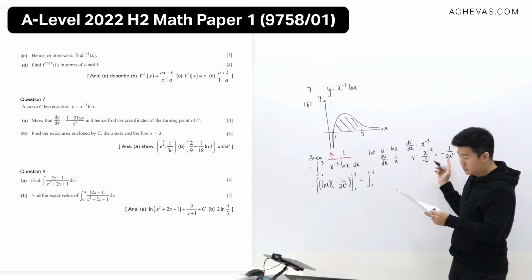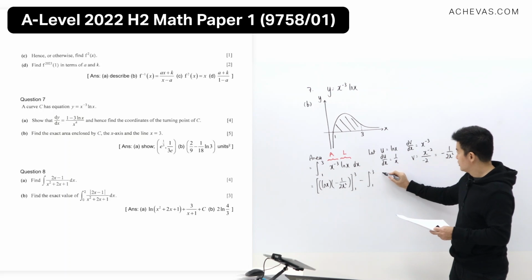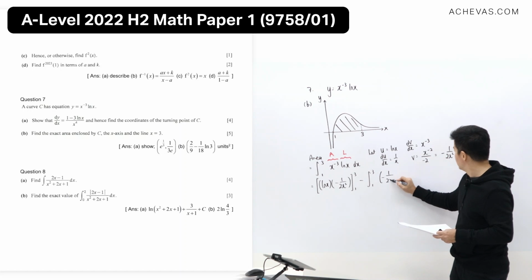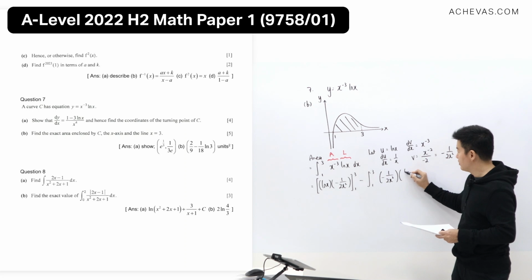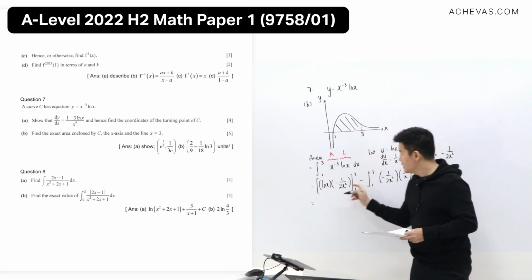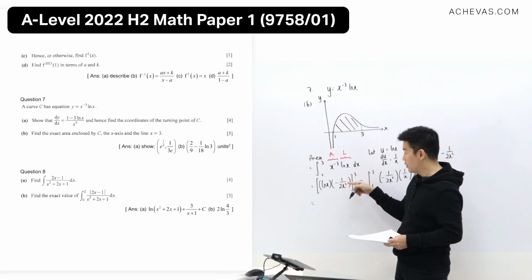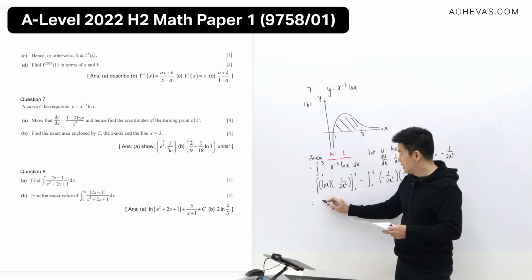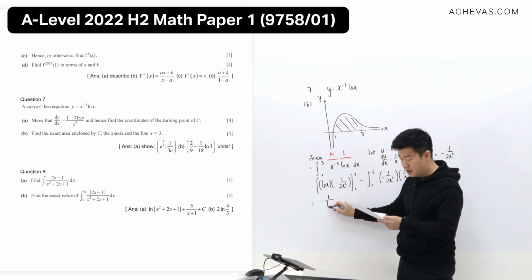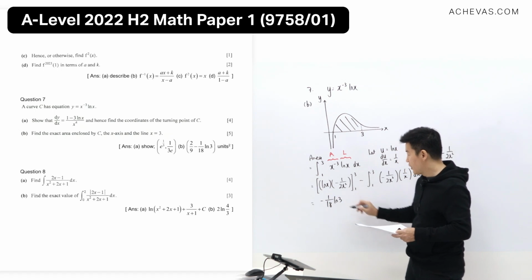So it is going to be this multiplied by this, so it will be minus 1 over 2x squared multiplied by 1 over x. This, we can just very easily substitute the values in. If I were to substitute 3 in, we are going to get negative 1 over 18 ln 3.